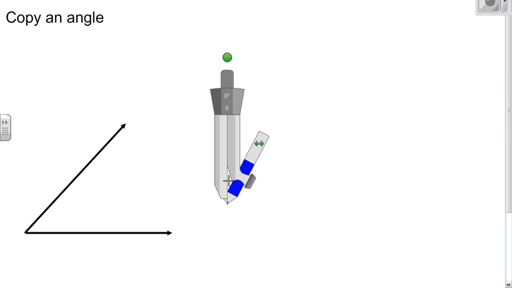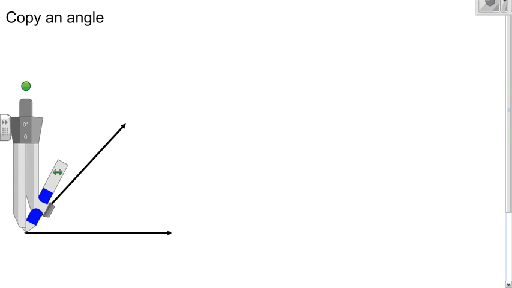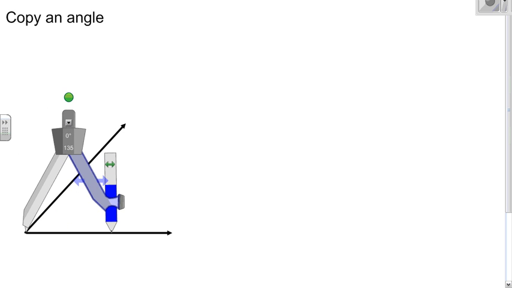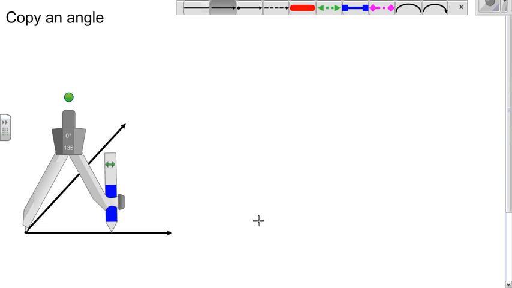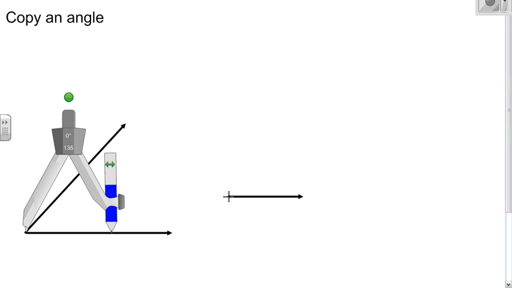You can also use it to copy an angle. So to do that, first take your compass over, put the pin on the vertex of your angle, and then measure out some distance. We're also going to be starting with a ray that will be one of the sides of our angle that we're copying.